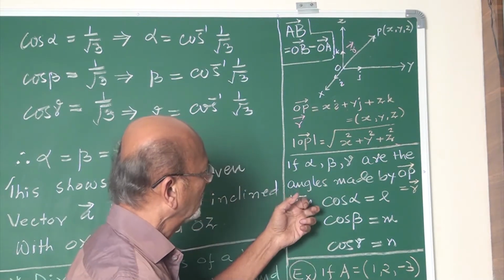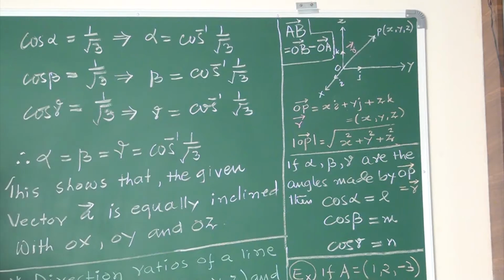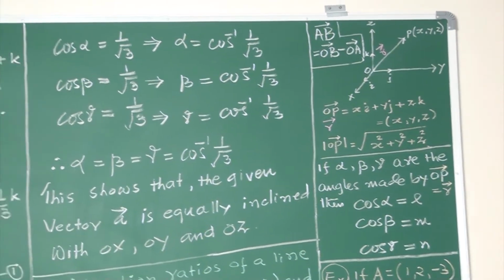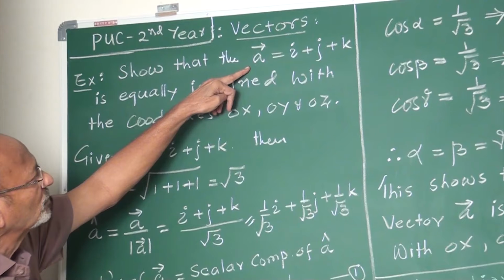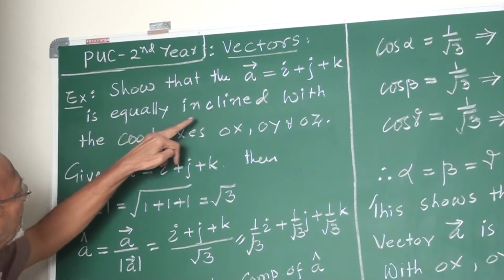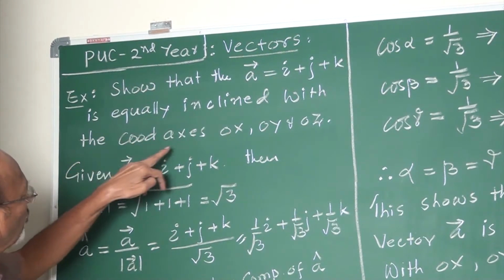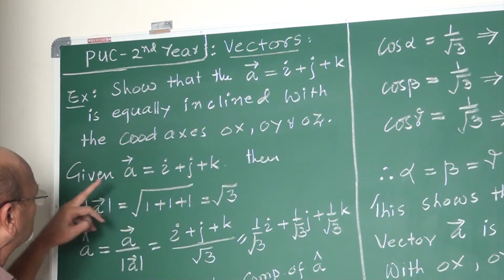Based on this, there is one good example. Show that the vector A equal to i plus j plus k is equally inclined with the coordinate axes OX, OY and OZ.